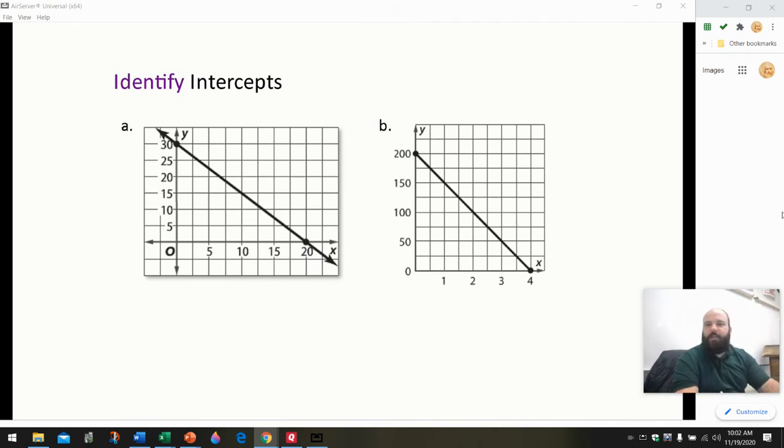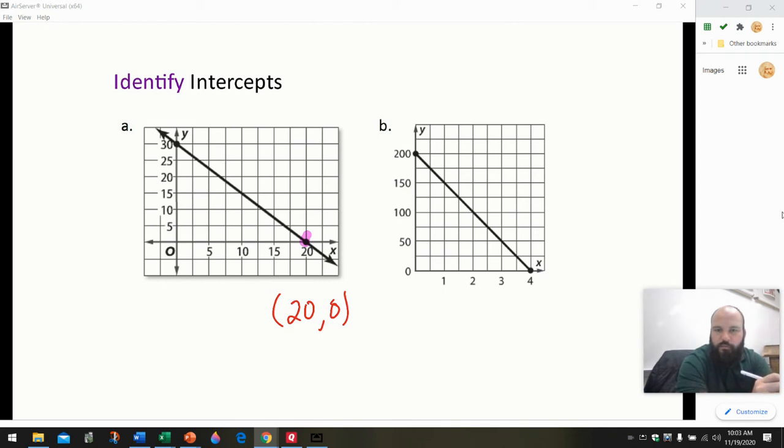So this says simply identify the intercepts. So I want you to write them as an ordered pair. So if I look at this first graph, you can see right here, it is crossing right at 20. But for that point right there at 20, the ordered pair, we simply went to the right 20, but we did not go up or down to get to that point.